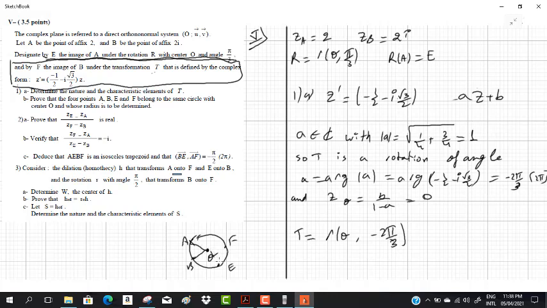We have two methods. In one method we can find ZE and ZF and calculate OA, OB, OF and OE.